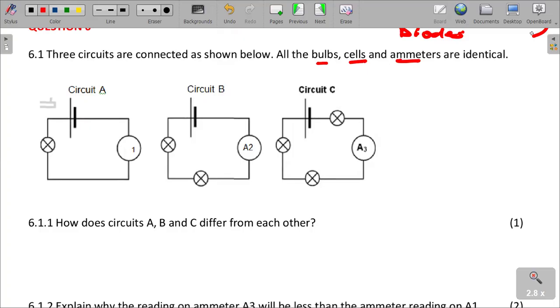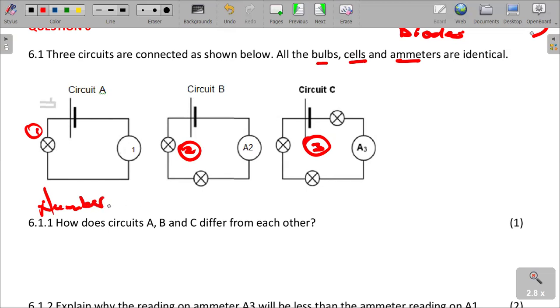We can see that the number of bulbs in series increases from A to B to C. For example, we have got 1, we have got 2, we have got 3. So the number of bulbs increases from diagram A to the last diagram.